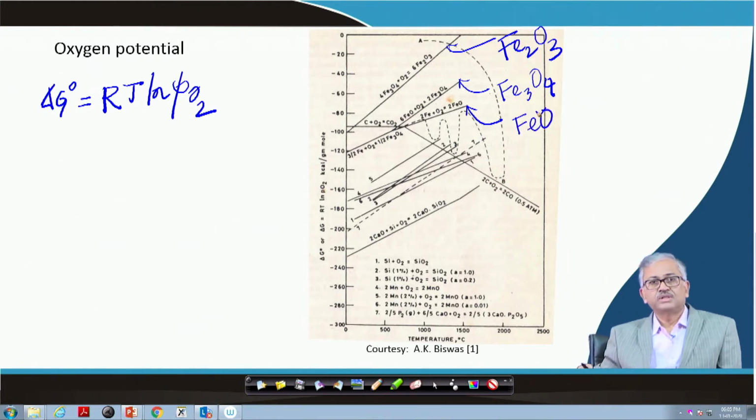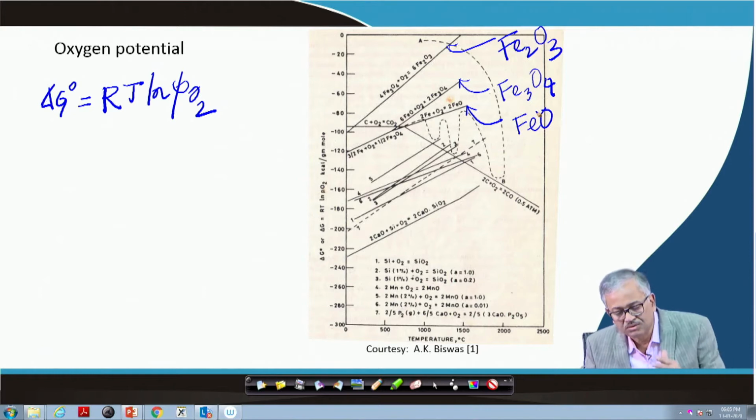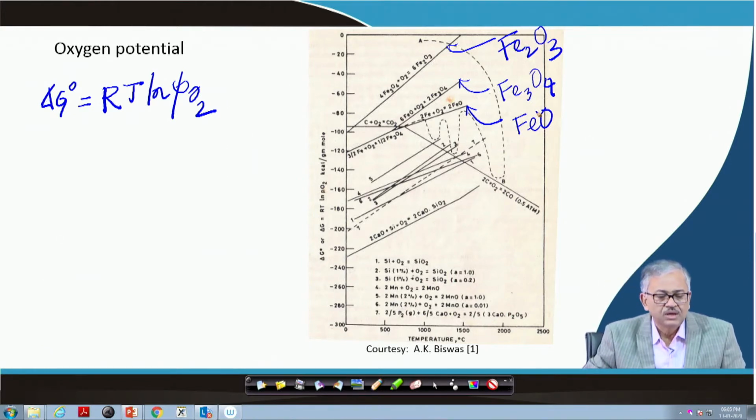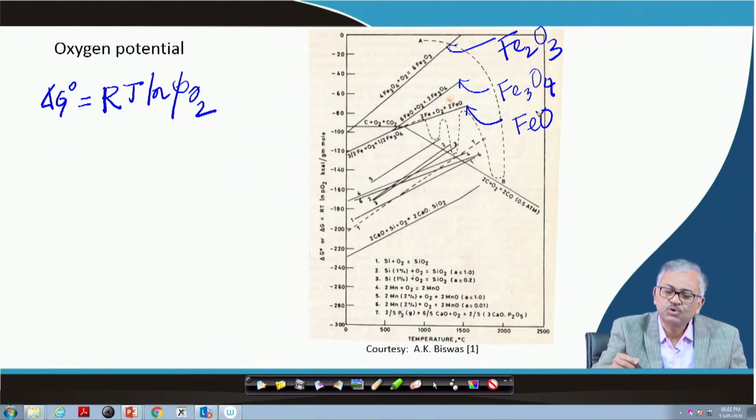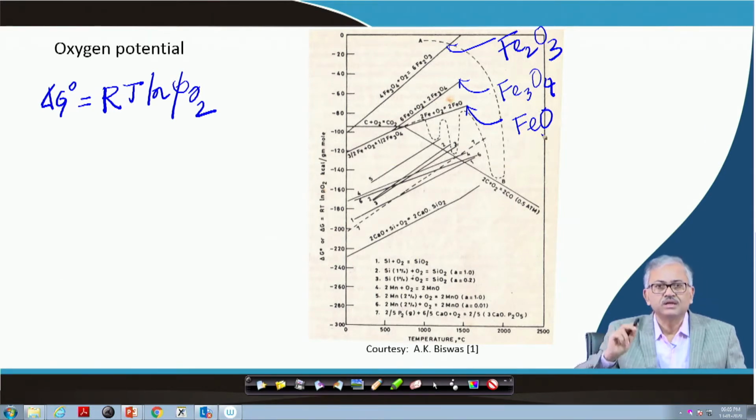So, for the 3 oxides you can find how the oxygen potential varies with temperature, and it is very evident that the oxygen potential of Fe2O3 is much greater compared to that of Fe3O4, and the Fe3O4 oxygen potential is greater than FeO.